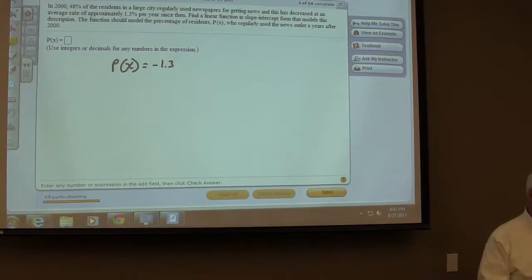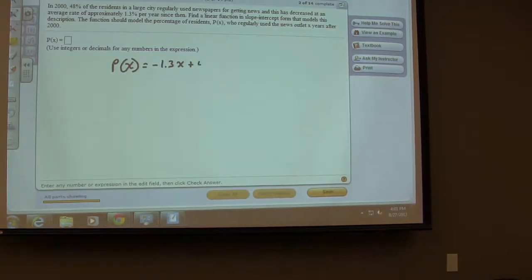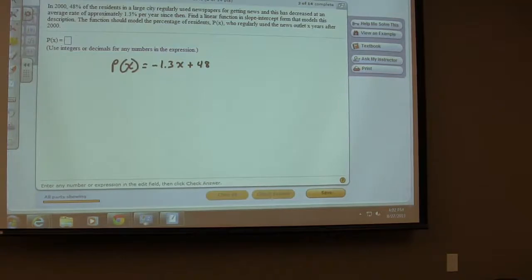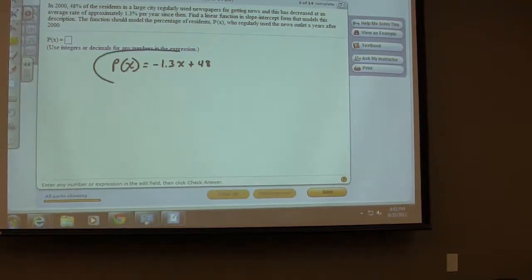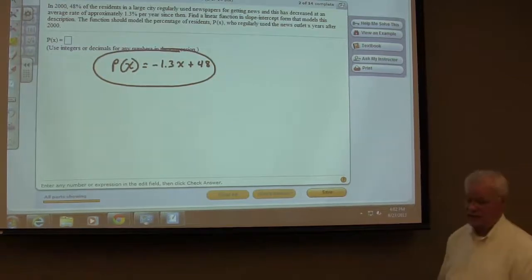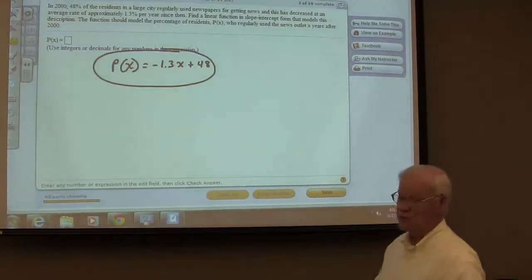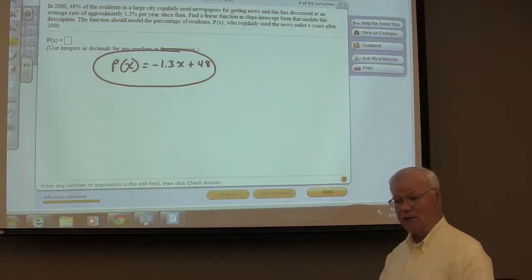It's going to be starting with the number 48. And we're going to say the y-intercept is 48. So there's our equation. P of x is equal to minus 1.3x, it's the slope, or rate of change, plus 48, that's the starting point, or the y-intercept.